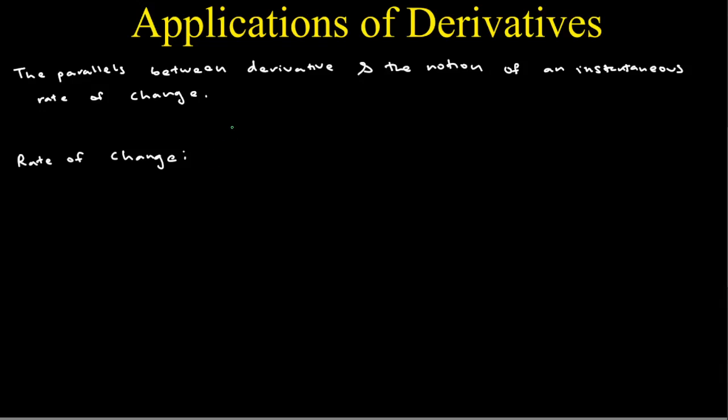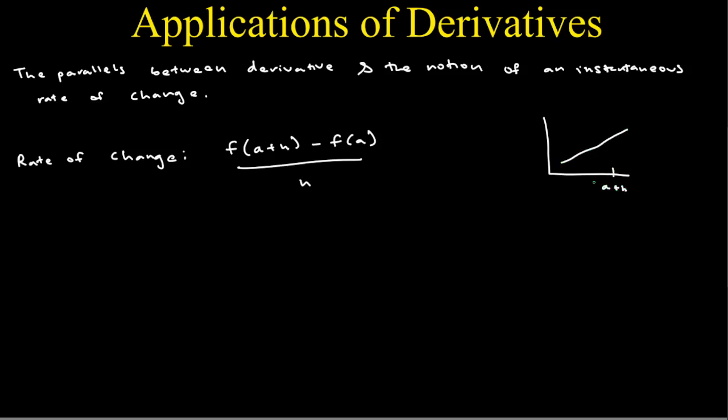And in terms of a function, we often had it defined as f of a plus h minus f of a, divided by h, right? In case this notation seems foreign, if we had a point at a plus h and a point a, essentially we're finding the slope between those two points. If you remember discussions about the secant line, this is exactly what we're doing: finding the slope of the secant line between two points on a given function.